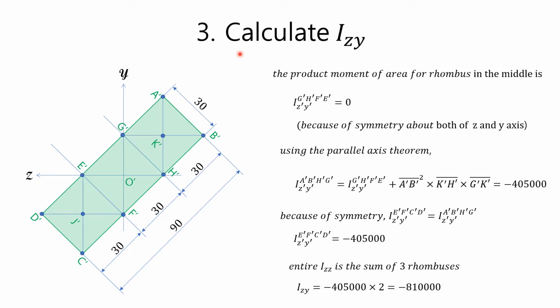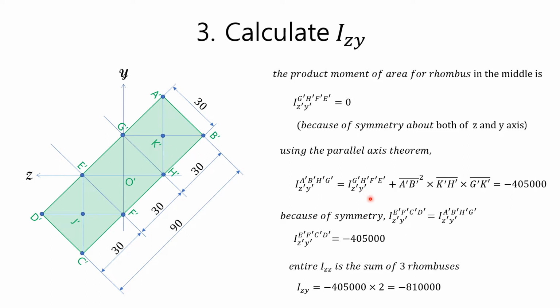The third step is to calculate the product moment of area. Since the rhombus GHFE prime is symmetrical with respect to both the z and y axis, the value of the product moment of area is 0. Using the parallel axis theorem, we can find the product moment of area for the rhombus APHG prime.